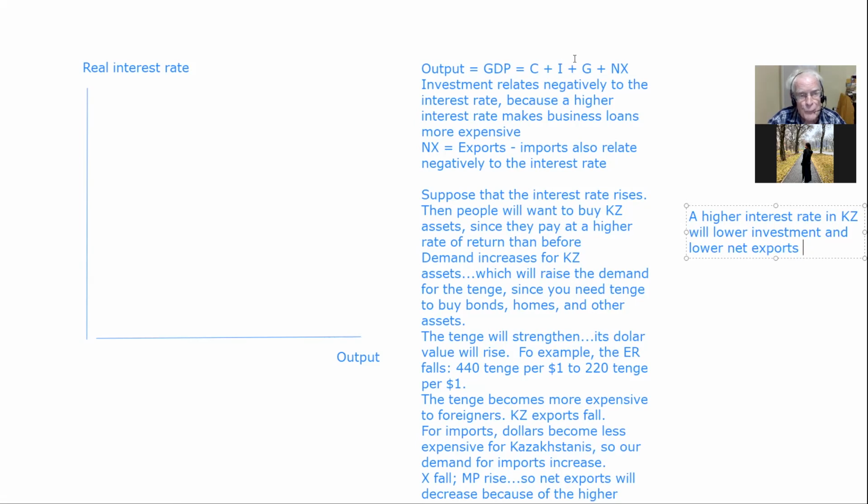However, investment and net exports are both part of GDP. So there is a negative relationship between output and the real interest rate.